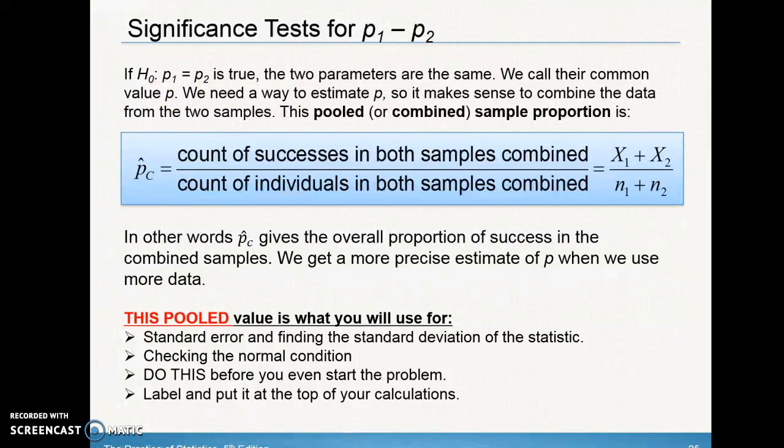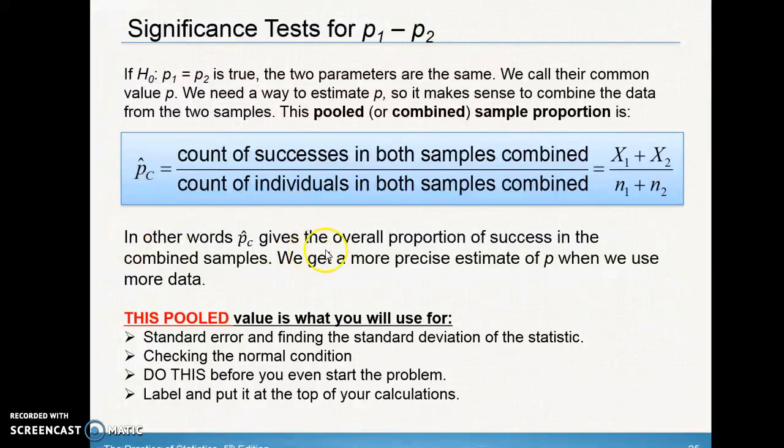We are going to pool our sample proportions. This is a little bit tricky. When we use the standard deviation, we're not going to use two separate proportions, proportion 1 and proportion 2. We're going to use what we call the pooled proportion.